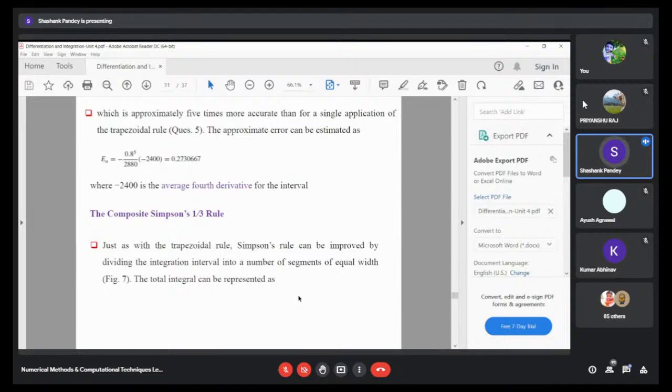Okay, so this was the single application of Simpson 1/3 rule.